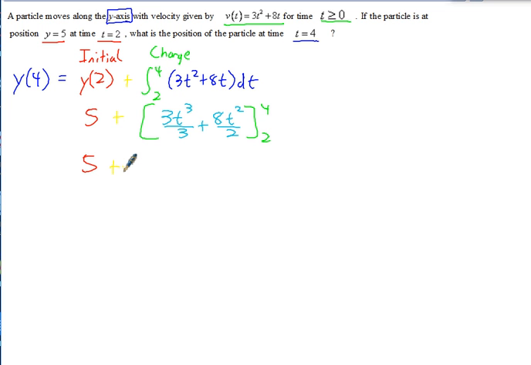Plus, you can see that simplifies with 3's reduced out. And the 8, 2 goes into 8 4 times. So what we're left with here is 4 cubed plus 4 times 4 squared minus, put in 2, you get 2 cubed plus 4 times 2 squared.